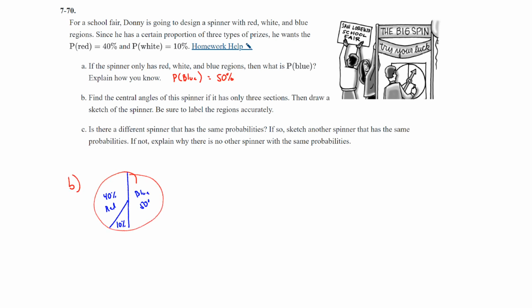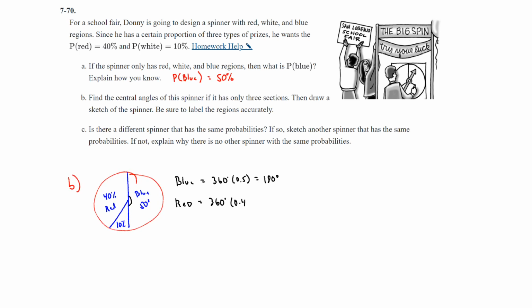We're trying to figure out what these angles are for each of the different colors. So blue's half. So you could probably say, well, if a full circle is 360, then half's going to be 180. So we know that blue is going to be equal to 360 degrees times a half, or 0.5, would be 180 degrees. So that's kind of how we'll calculate these. On the red, we're going to take a 360 degree circle and break it up into only 40%.